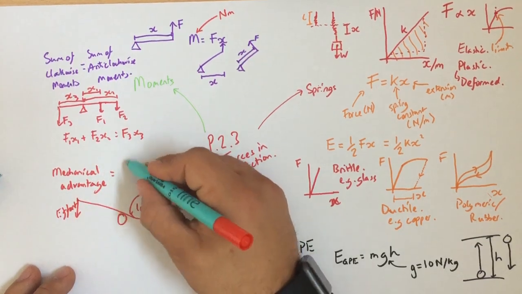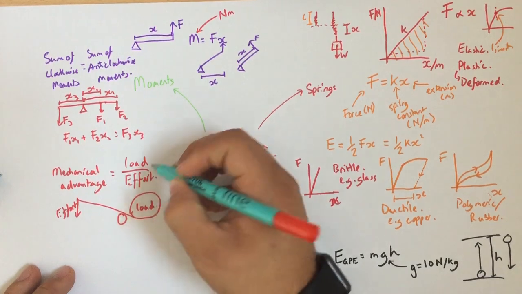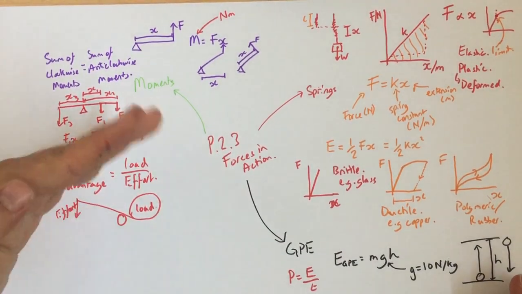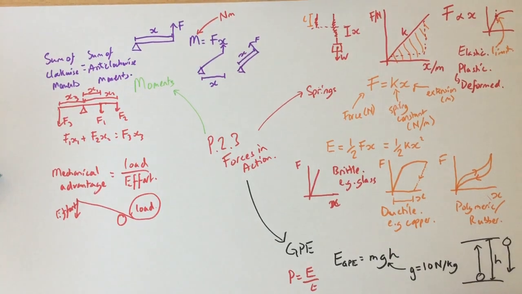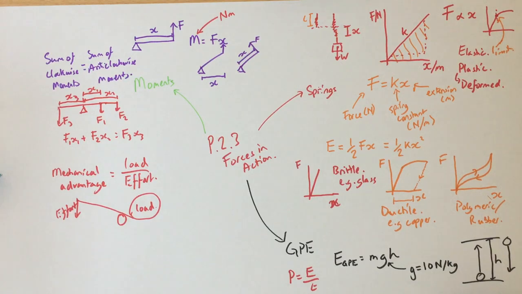Mechanical advantage is load divided by effort, and it's just a ratio. So as a lever, how effective is that lever at transmitting force? It has no units, like I said, because it's a ratio, but that is what you would do for that kind of question. You can have the same thing with gears. Gears are also an example potentially of a force multiplier.